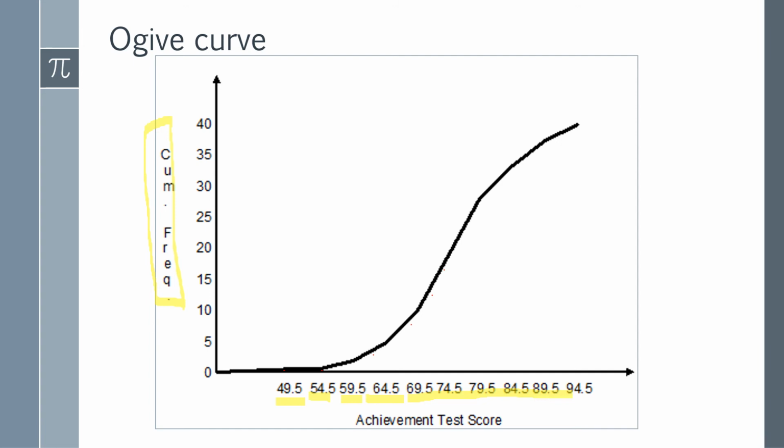Dito sa horizontal na axis natin to the vertical axis of each cumulative frequency. So after natin siya na-plot, then we need to draw now a line, no? So that is now your ogive curve. So your ogive curve is similar to a line graph.